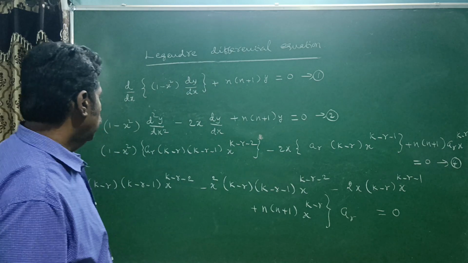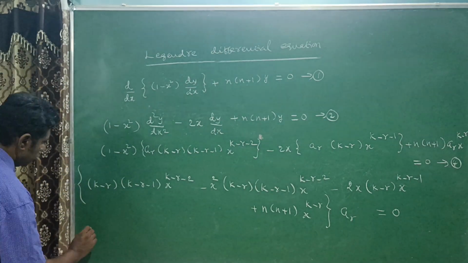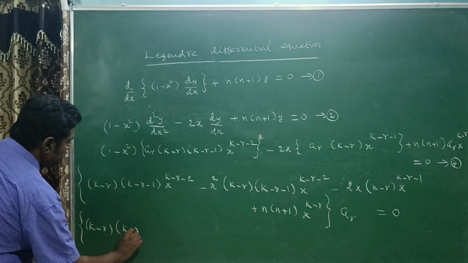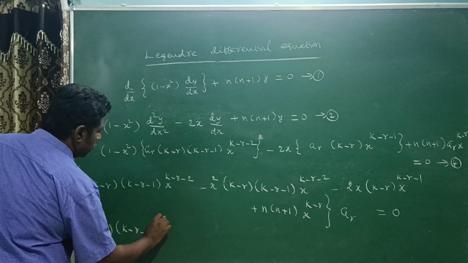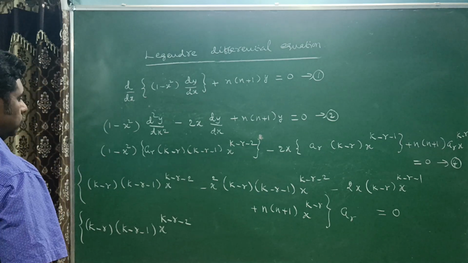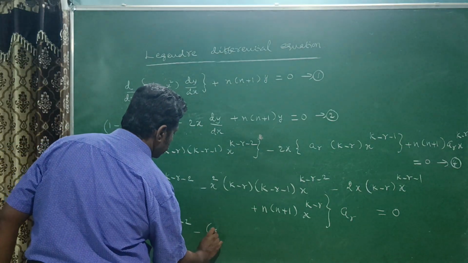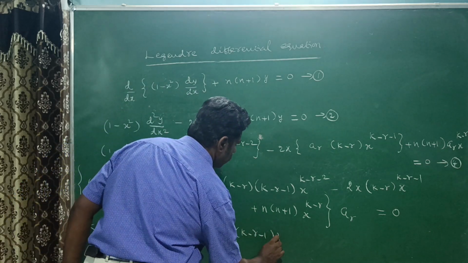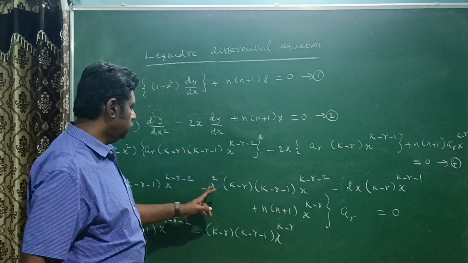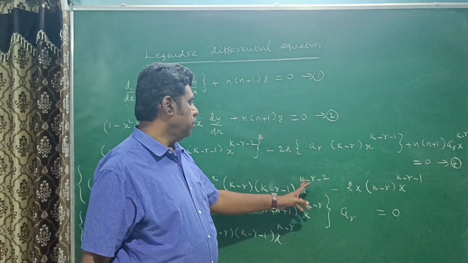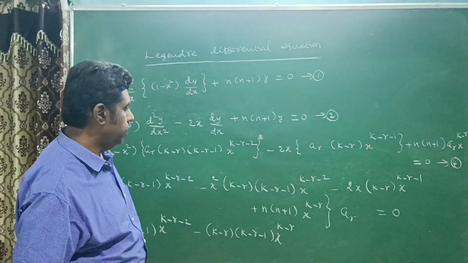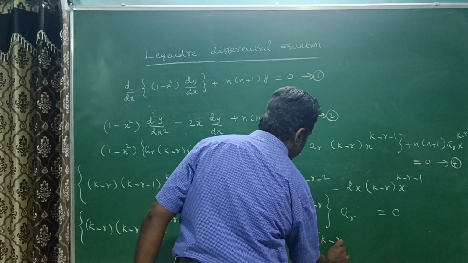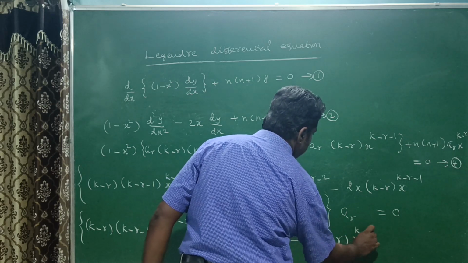Now we have to modify this further. This is (k minus r)(k minus r minus 1) x power k minus r minus 2, see, minus (k minus r)(k minus r minus 1) x power k minus r, because this is x square. x square into x power k minus r minus 2 is x power k minus r, minus 2 into (k minus r) x power k minus r.